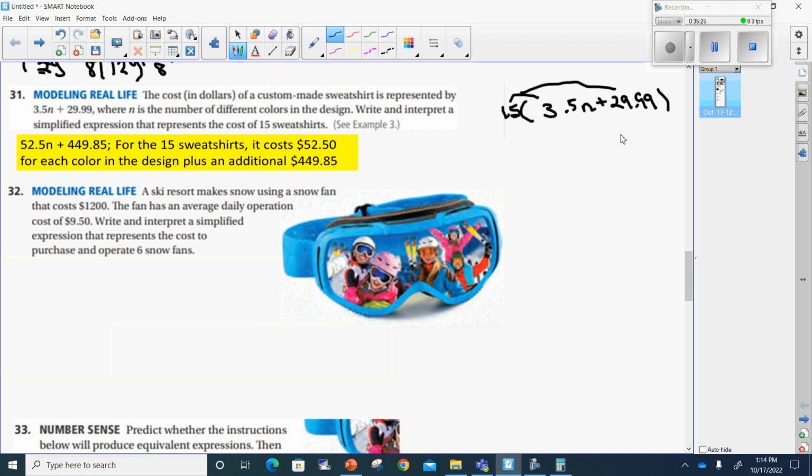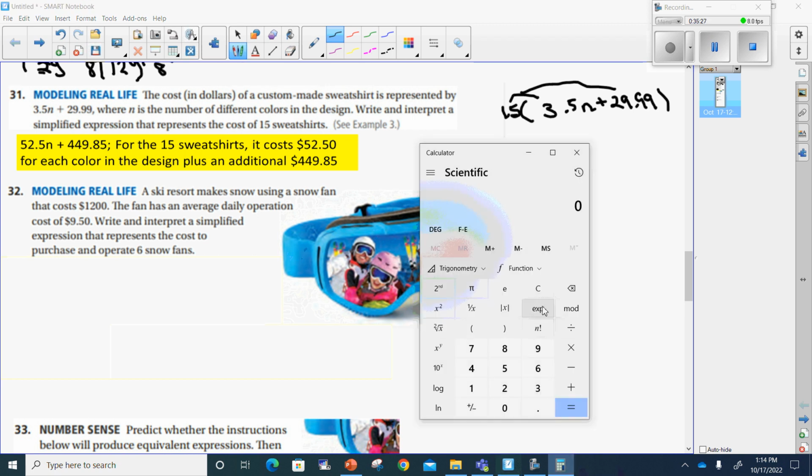Okay. Now let's take 15 and multiply it to 3.5. And that gives me my 52.5n. And now we're going to take 15 and multiply it to 29.99.